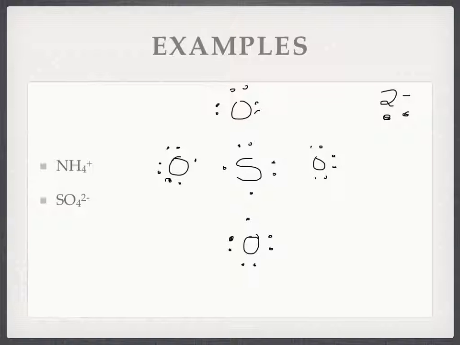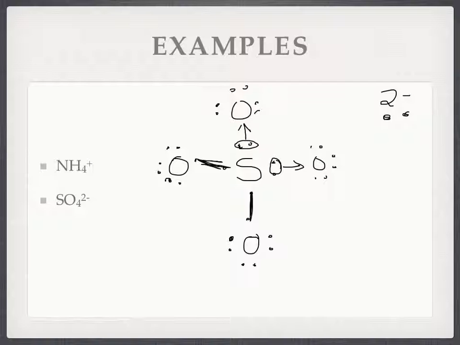And now if we form bonds here, these can share this one. And the sulfur is happy, but these other two oxygens are short 2 electrons. So sulfur says, hey, I'll donate both of these. I'll donate those 2 there, and I'll donate those 2 there.